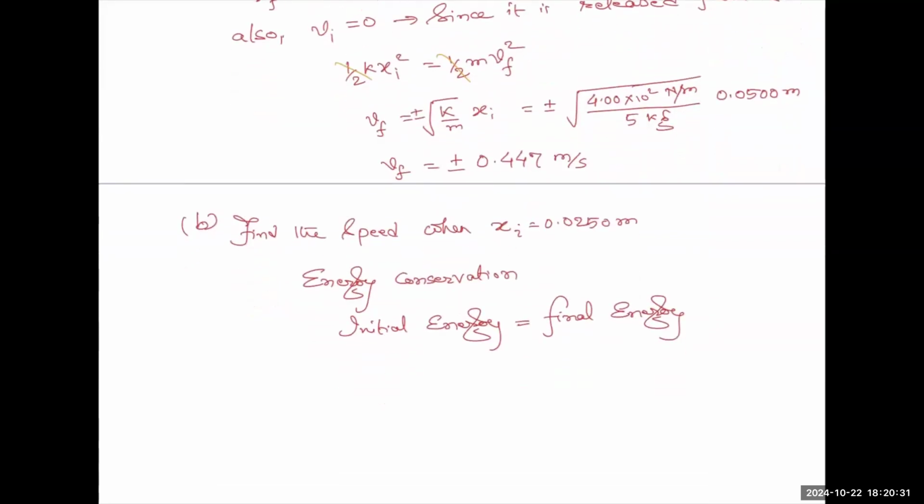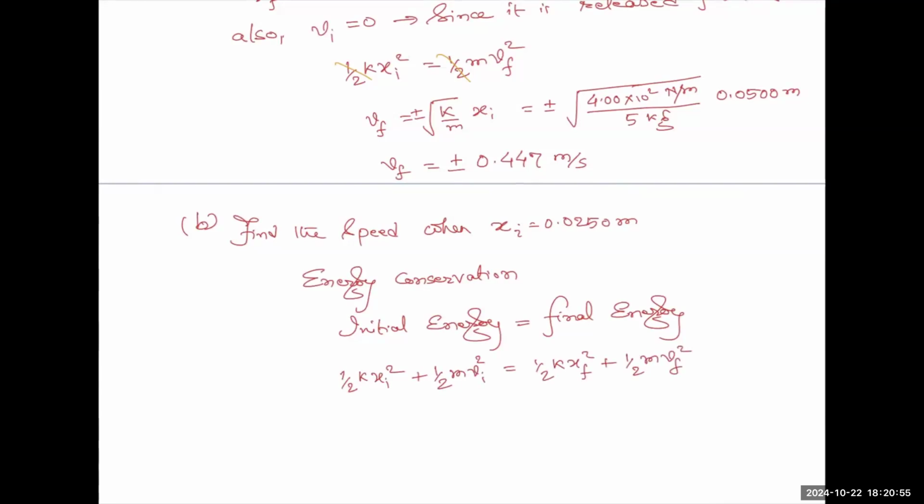And the initial energy in this condition is the potential energy, half k xi squared, and then my initial kinetic energy, half m vi squared. What is my final? Half k xf squared plus half m vf squared, right?